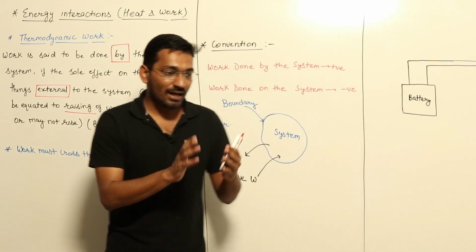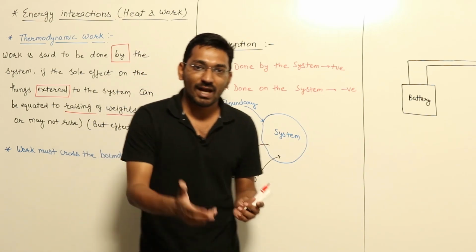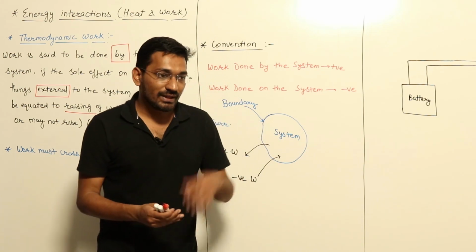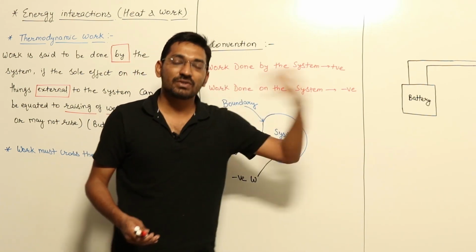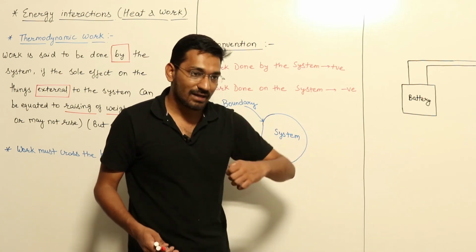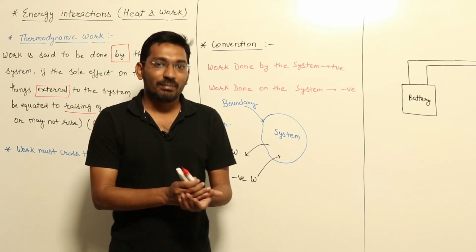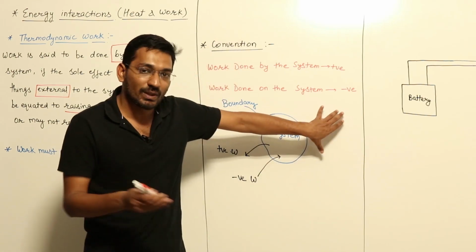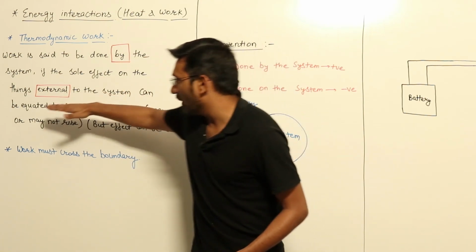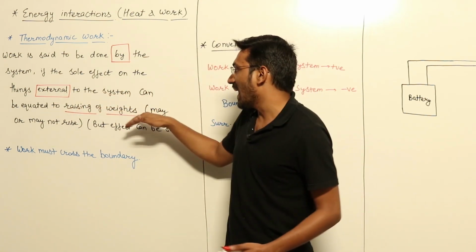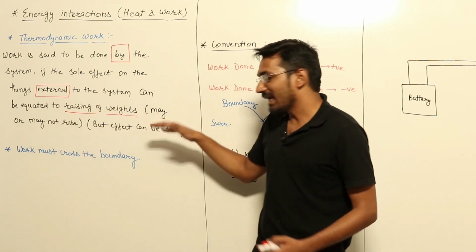Right? In thermodynamics, if we are going towards any process, if there is a work transfer, we can imagine that this work which the system is doing on the surrounding can either raise the weights or lower the weight, though it may or may not actually be happening with that process. So we can just equate it to raising of weights; the weights may or may not rise, but the effect can be seen.